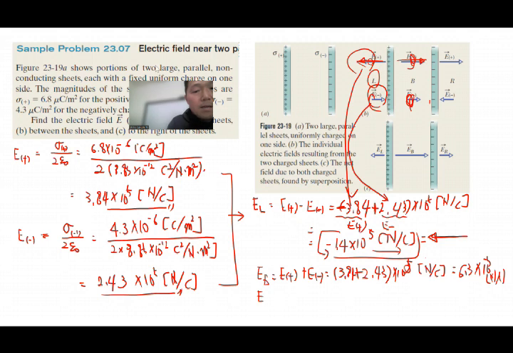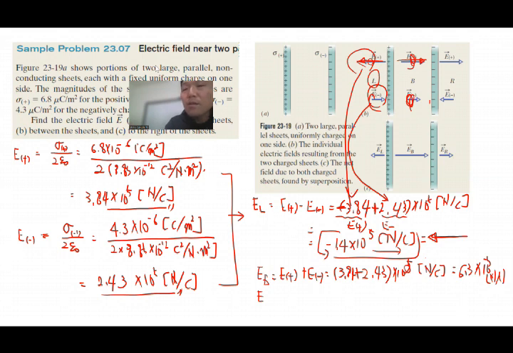And for the field on the right-hand side of the negatively charged plate, the field from the positively charged plate points outward, in the positive direction of the x-axis, but the field produced by the negatively charged plate is inward to the plate, so that is pointing in the negative x-direction.